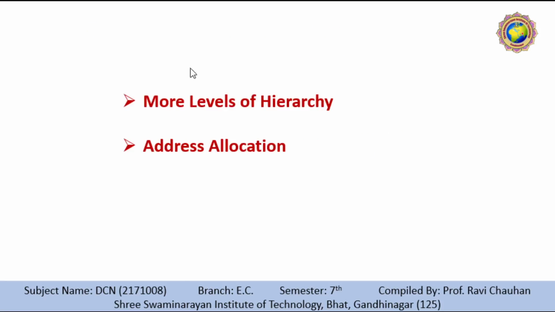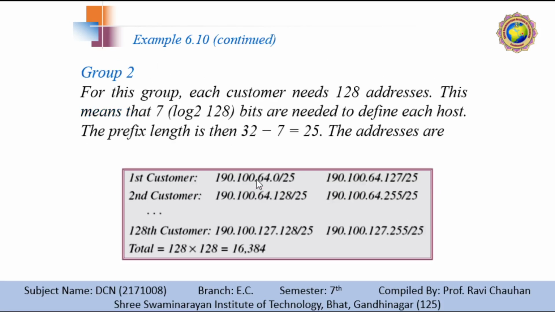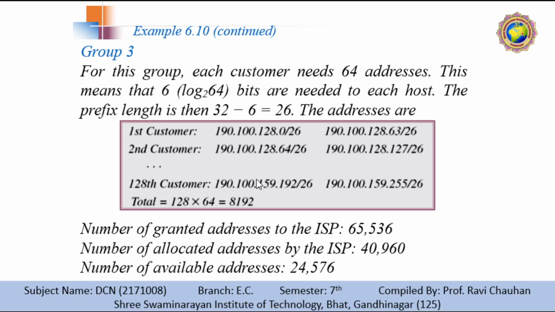We also discussed the number of hierarchical levels with the example of an ISP for India, Gujarat, and various districts. Then address allocation. We have seen an example for address allocation.